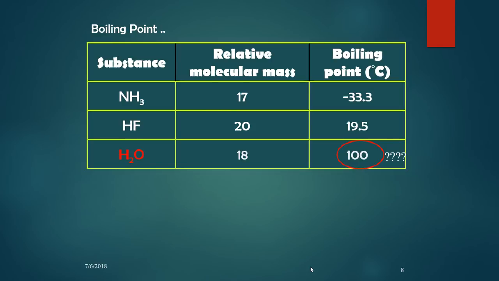Boiling point between H2O water and HF shows a large gap: you see 100 degrees compared to 19.5 degrees. How does this occur when we look at the relative molecular mass?